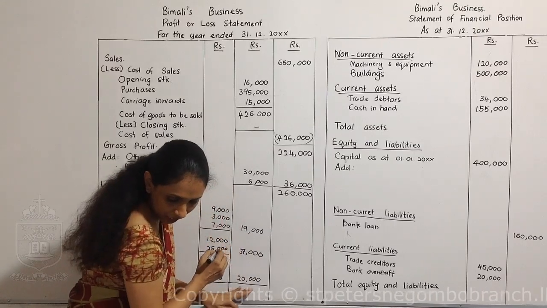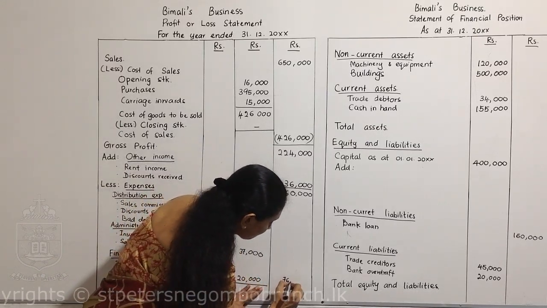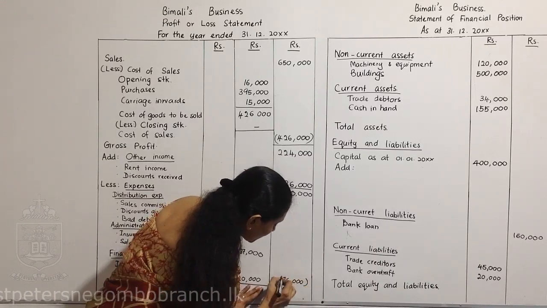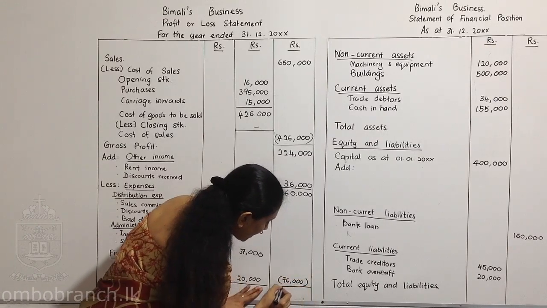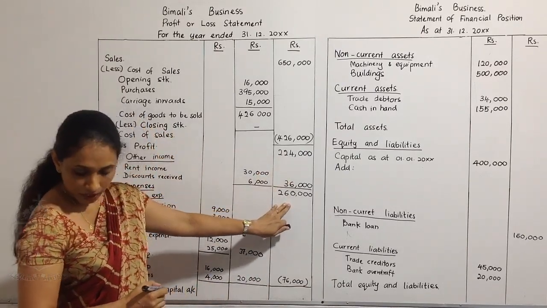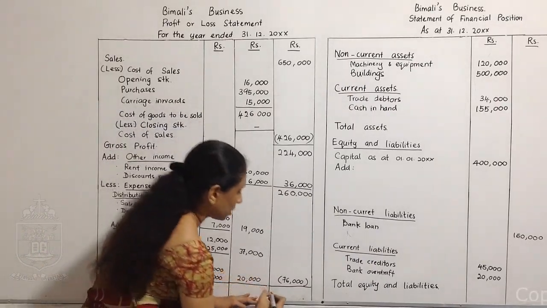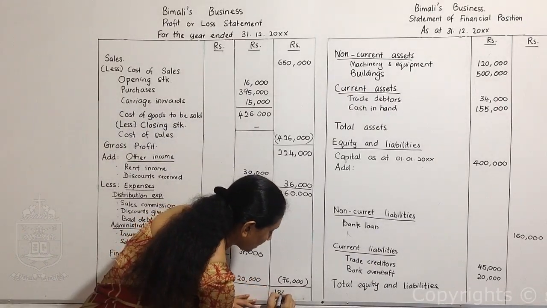All together we have 76,000 of total expenses. So we have to deduct that from the total of gross profit and the other income. We will end up with 184,000 of net profit.